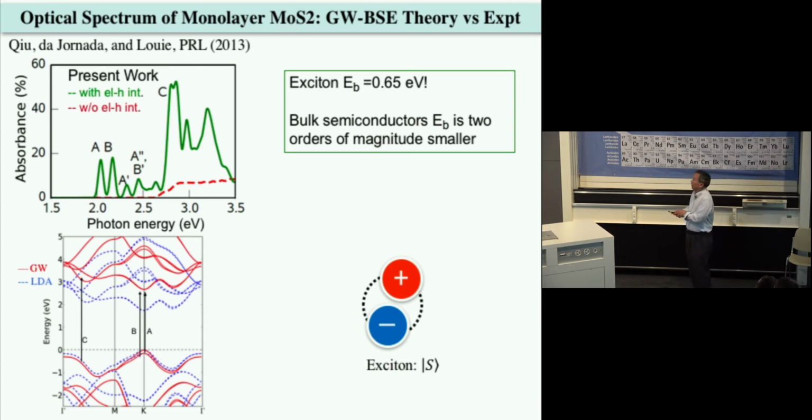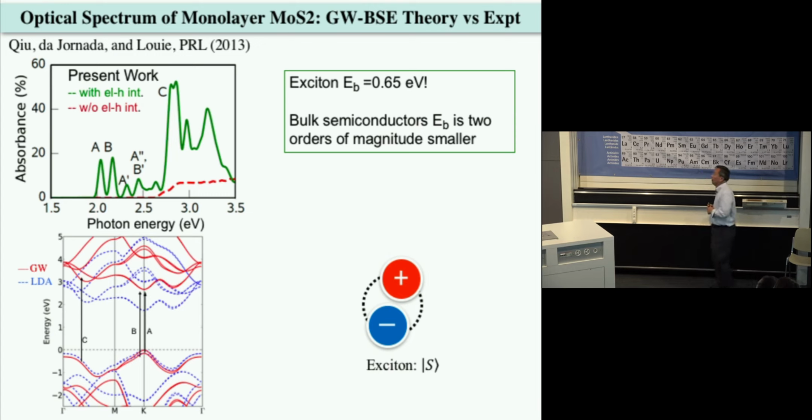Another thing is that your sample has to live in some environment. For example, you put it on a substrate, then you see that the field lines go into the substrate. So this interaction can now be strongly modified by the environmental screening of the substrate.